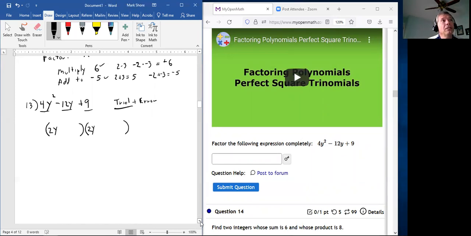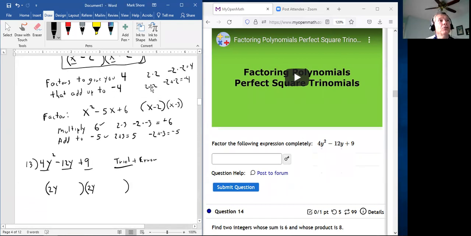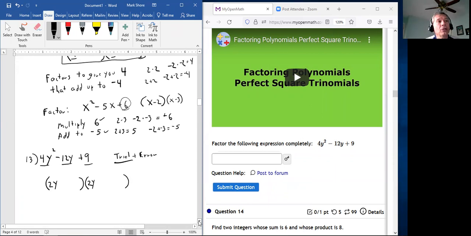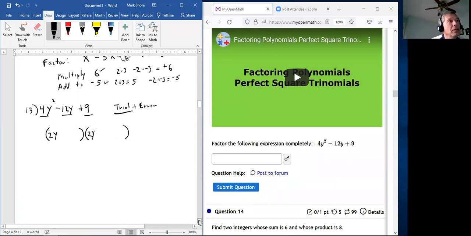So now what we need, just like up here, we said 2 numbers that multiply together to give you the 6, like that number right here. That's all the farther we can do with this because of this extra stuff here. So all we can do is try 2 numbers that multiply together to give me 9.